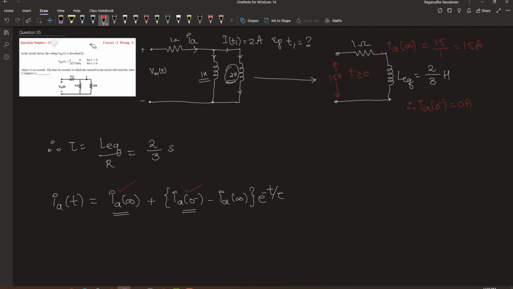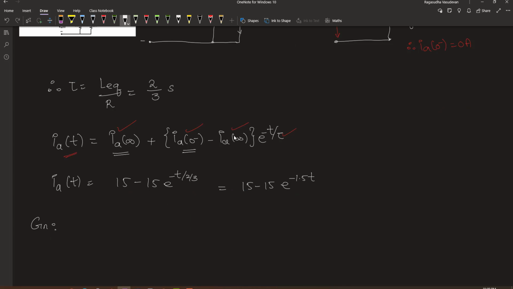Let's just substitute these values here and then find out IA of t. IA of t is equal to 15 minus 15 e to the power minus t divided by 2 by 3, which is equal to 15 minus 15 e to the power minus 1.5 t.